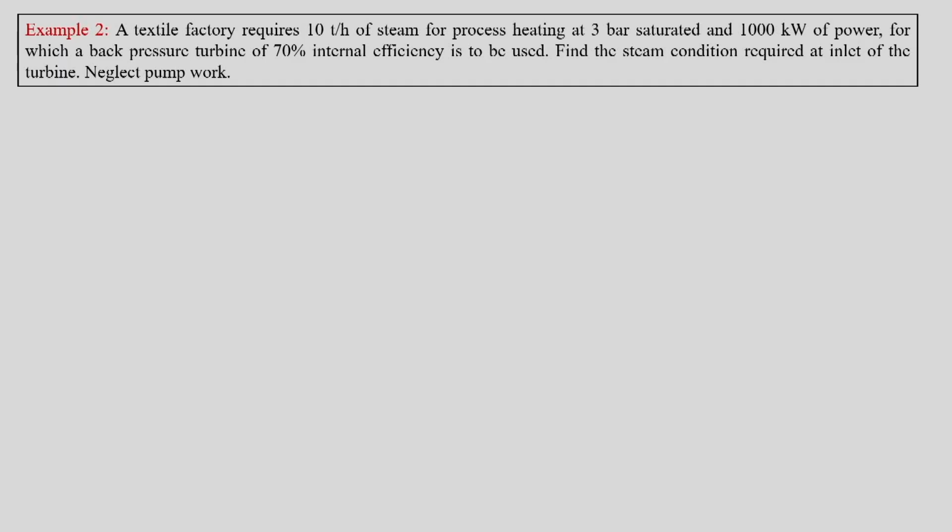So, steam for the process heating is supplied at saturated condition, that is the given fact for us, and then the work done is 1000 kilowatt by the cycle.